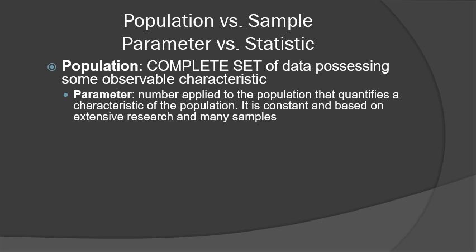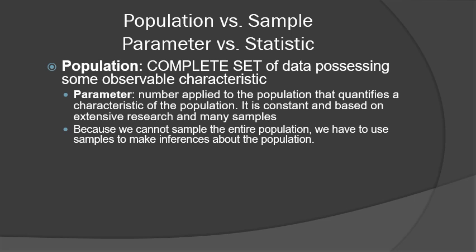From the population, we have parameters. A parameter is any number applied to the population that quantifies it. Basically, if we know the average height of Detroit Mercy students, that is a parameter. If we know the variance, the variability of height in Detroit Mercy students, that is a parameter.